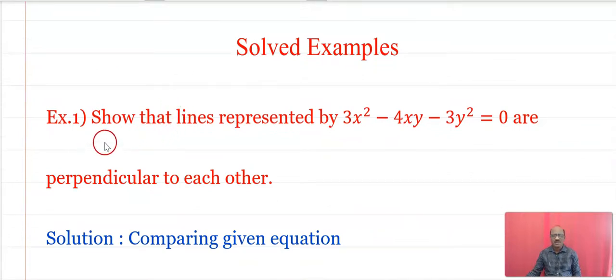Now the solved example. Show that the lines represented by 3x² − 4xy − 3y² = 0 are perpendicular to each other.